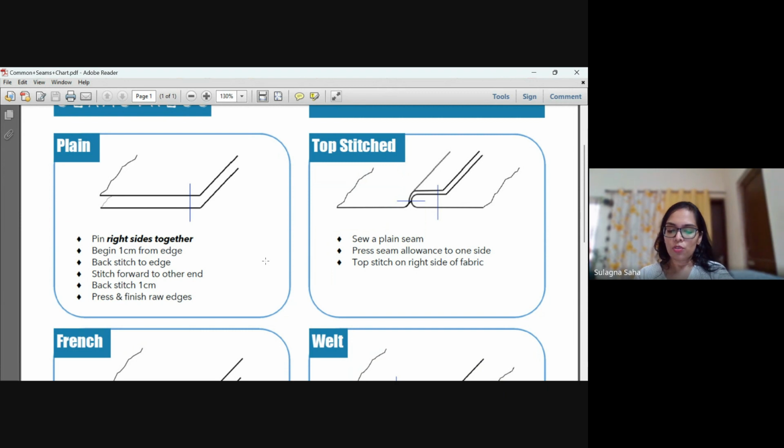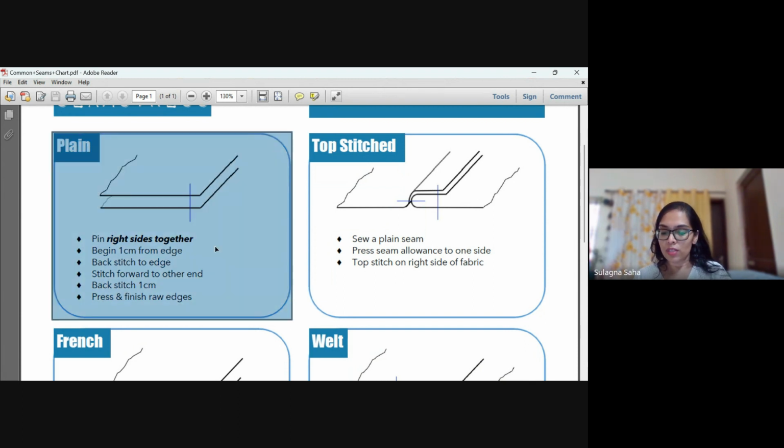Okay. So let's assume, I'm just dividing this paper into two parts. I am using a rudimentary tearing apart technique so that we can assume that this is the raw edge of the fabric. The part I just tore out is the raw edge of the fabric.